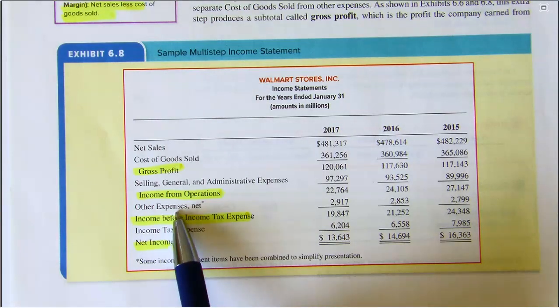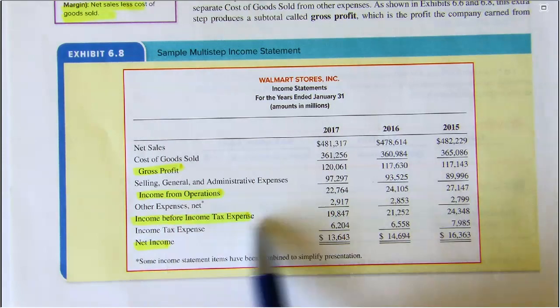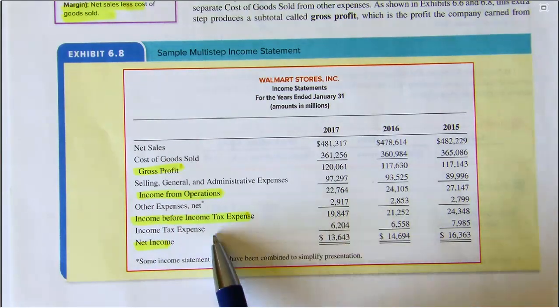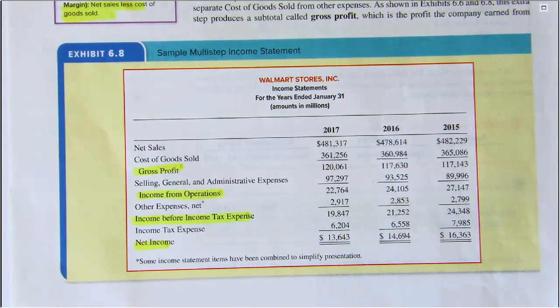If it's another expense, you would subtract it to get to income before income tax expense. And then we subtract out income tax expense separately to get to our bottom line of net income. So simply put, a multi-step income statement gives you several subtotals to highlight certain information on that financial statement.